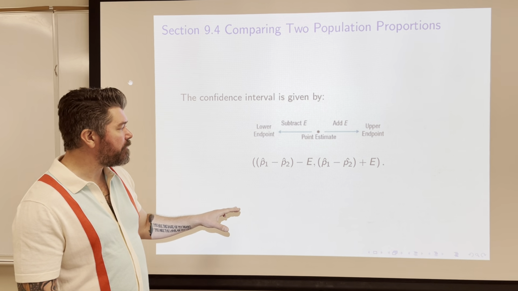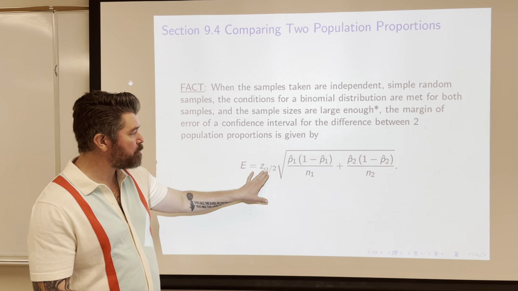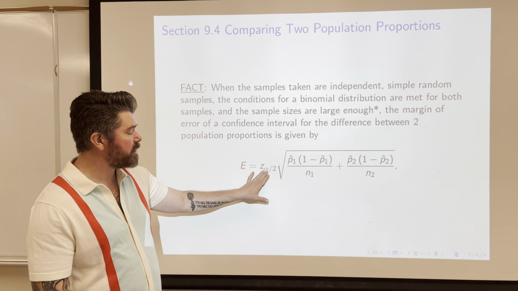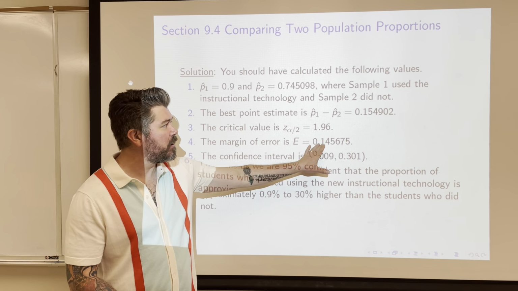Plugging all of the values into our formula, we have 1.96, and then our p hat 1, which was 0.9, and our p hat 2, which was 0.745098, and then n1 was 50 and n2 was 51. We get the margin of error to be 0.145675.